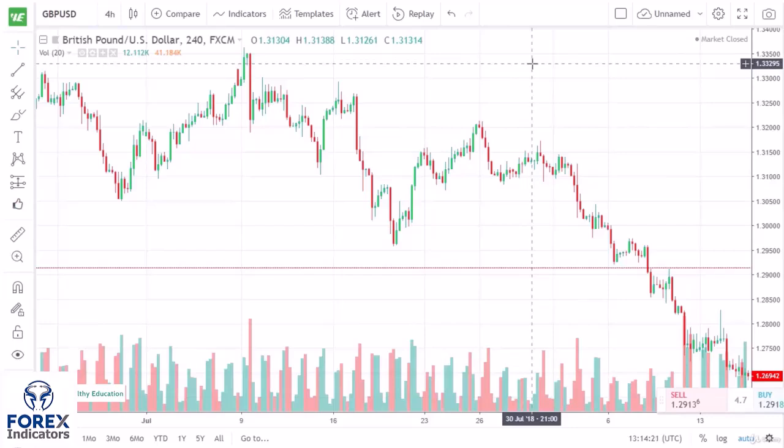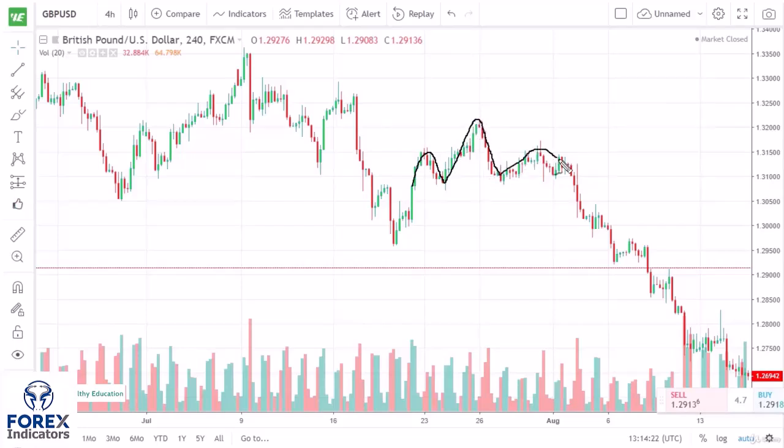On this chart, I see a head and shoulders. This is a 4-hour of the cable. After a rally to the upside, you can see that we rallied again and then rolled over. The neckline would be this entire area here.